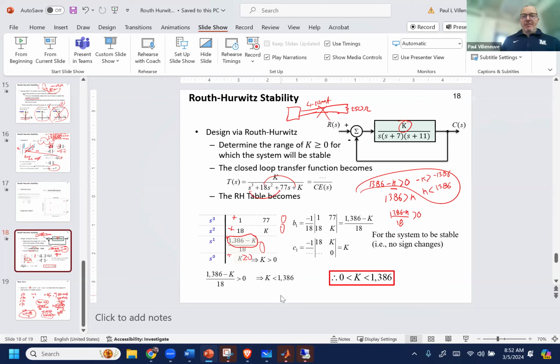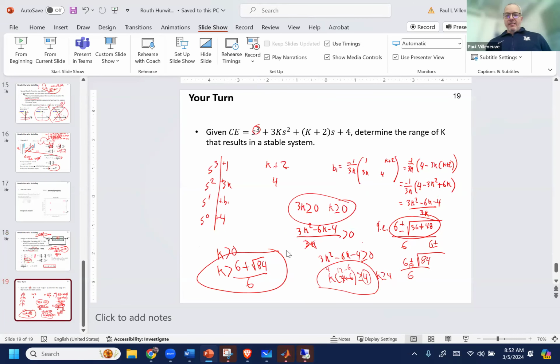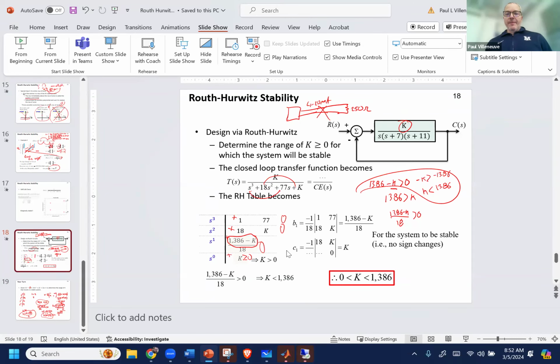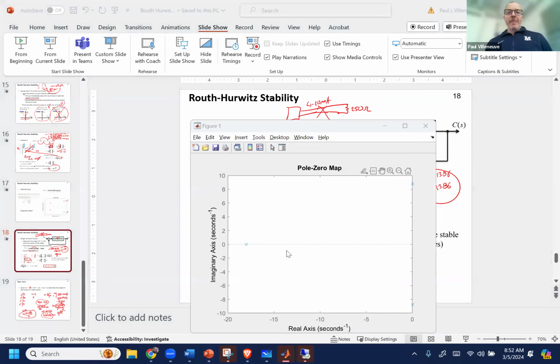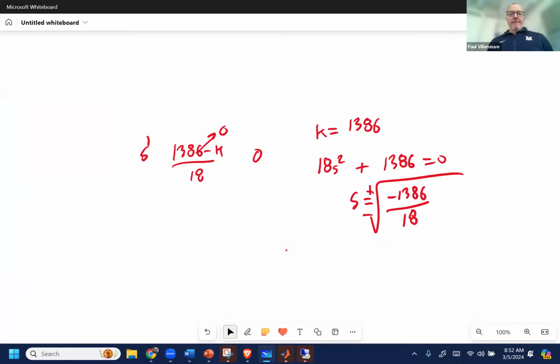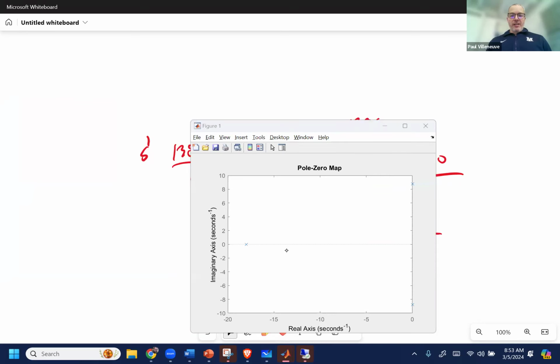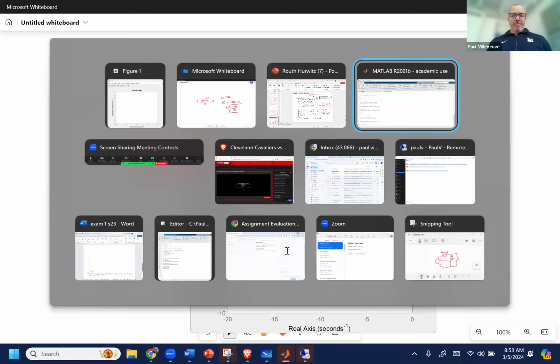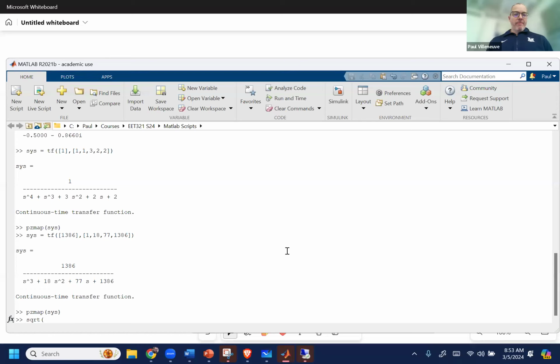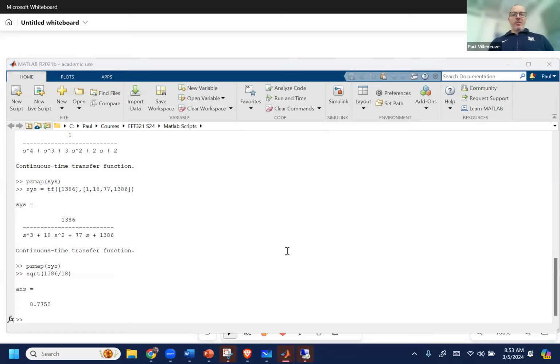And remember what we did? We did this by hand, right? It was right here. I said we solve for that right there, 1386. So if I do the square root of that divided by 18, I get 8.775.